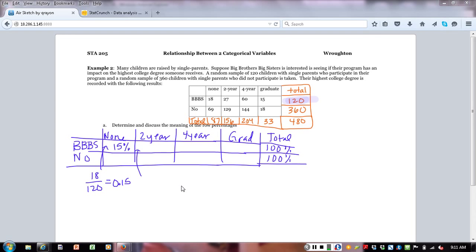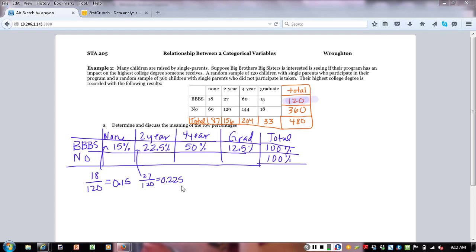To get this number, we're going to take the 27 out of the 120. Got 0.225, 22.5%, and hopefully you could finish that pattern here. So you get 50% for the 4 year and 12.5% for the graduate degree, and then of course you could quickly add those numbers to make sure that they do add up right.